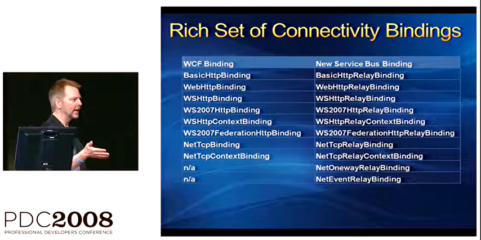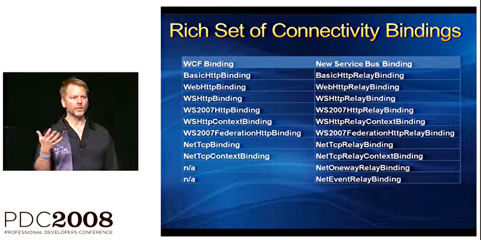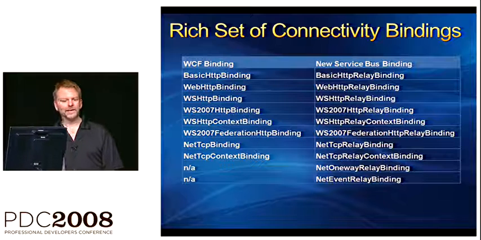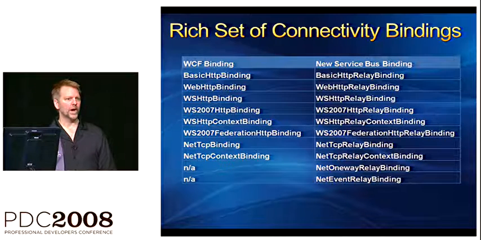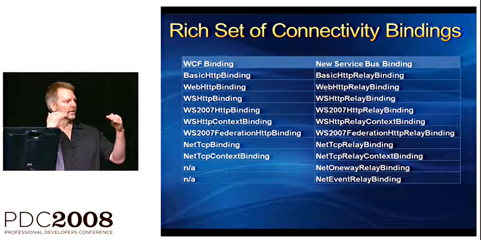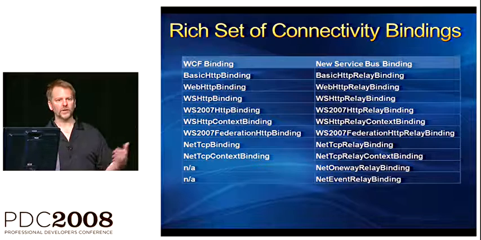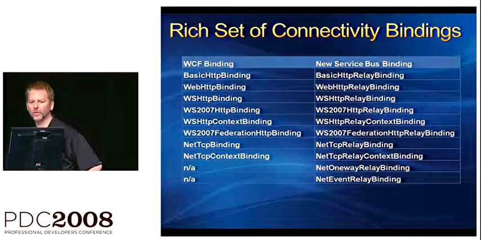You can take those bindings and replace them through config and so on, and you can get additional kinds of characteristics. So for example, the net TCP binding gives you a high-performance TCP-level communication channel, and the ability to just add those bindings changes the characteristic of how the messages are passed back and forth.